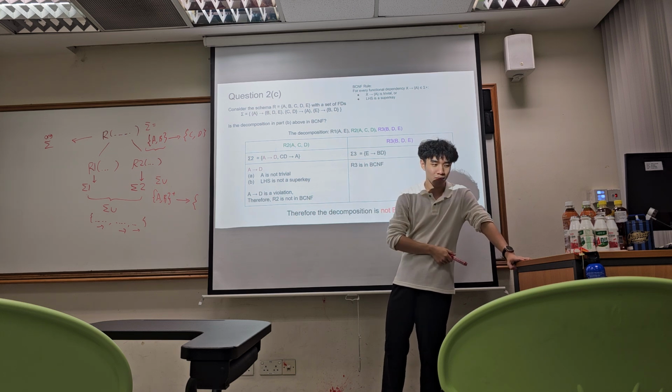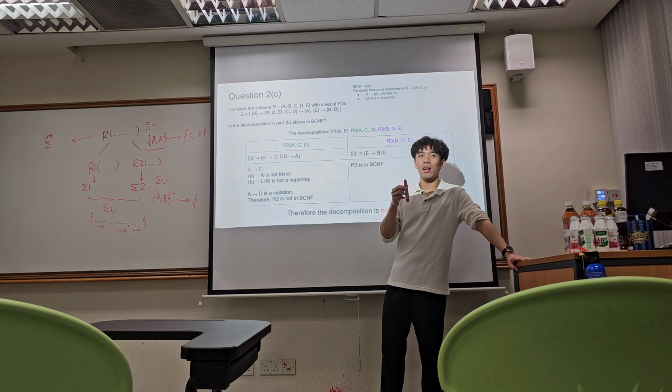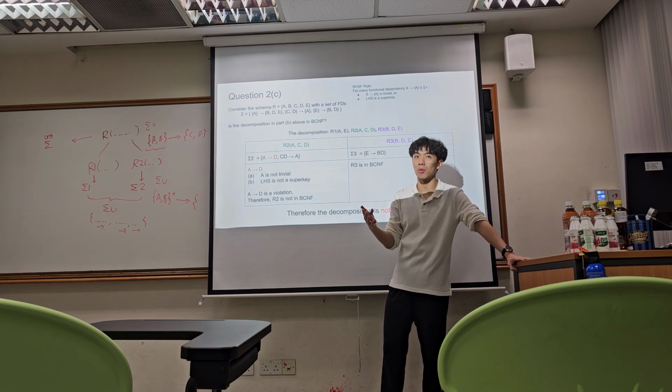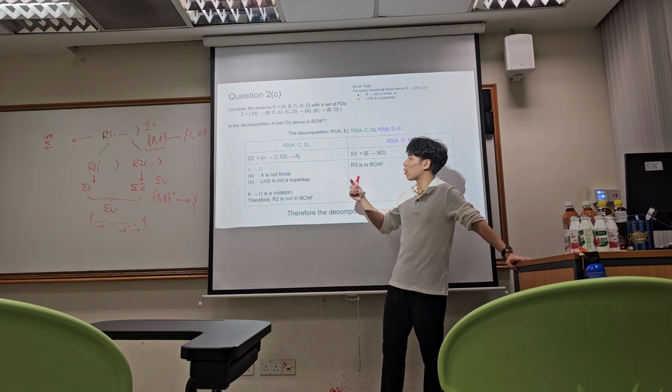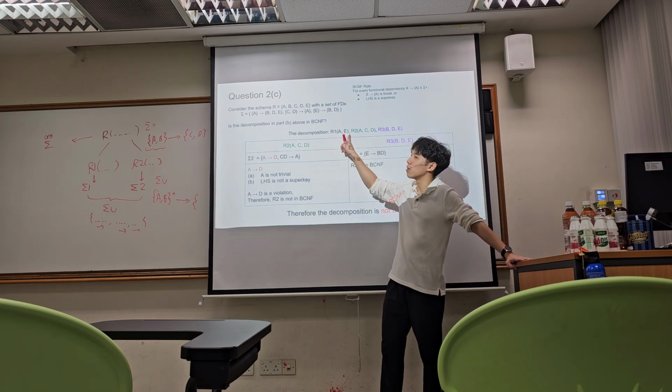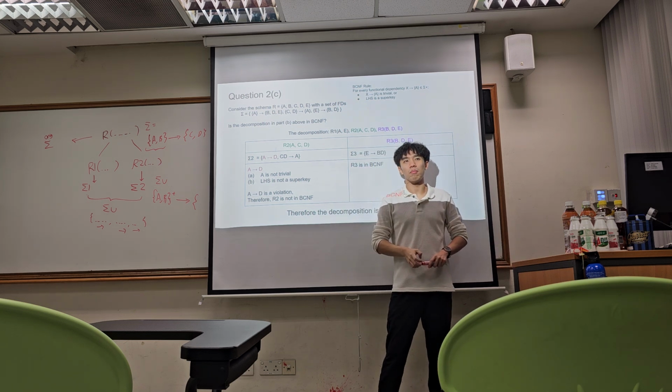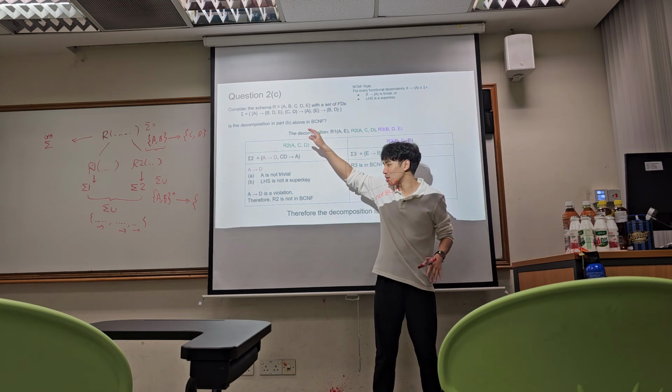After decomposition, if we're still unable to find BCNF, we just further decompose the violating functional dependency. You'll definitely find one at the end, because in the end you'll decompose it to probably 2 tables with 2 attributes. And I don't think the exam will make it very difficult, where you need to decompose a lot of times.